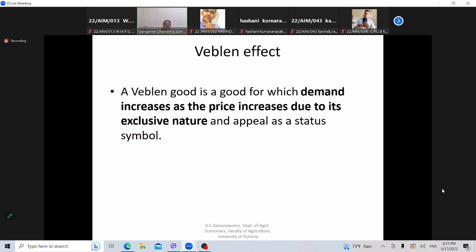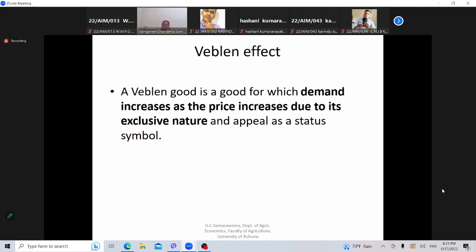Veblen effect means demand increases when the price increases due to its exclusive nature. For example, when price is increasing, demand also increases because of exclusive nature.